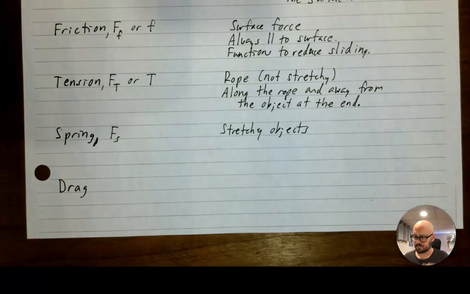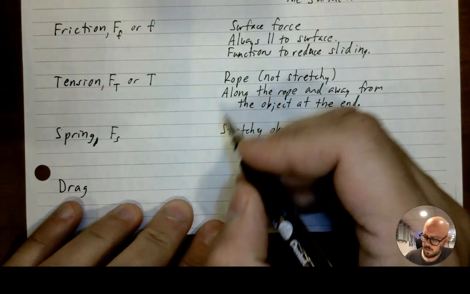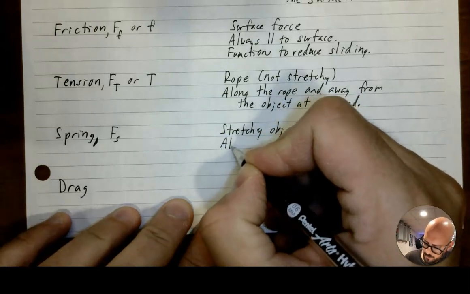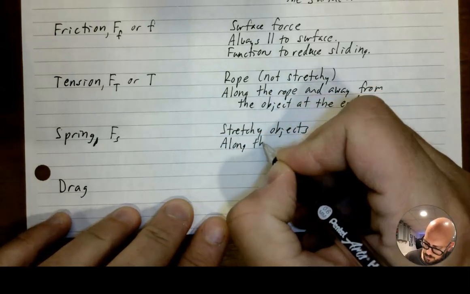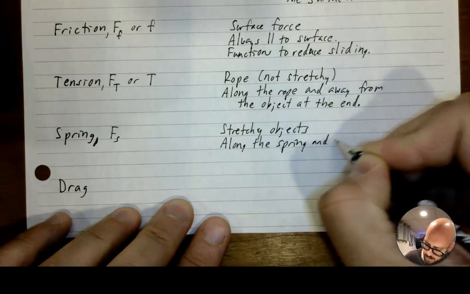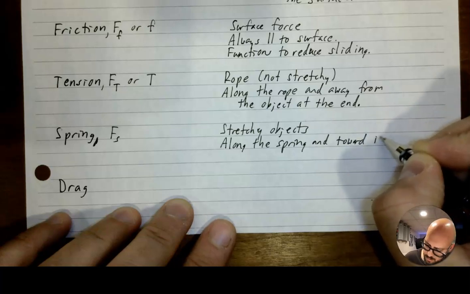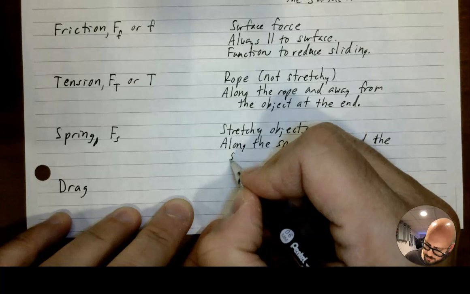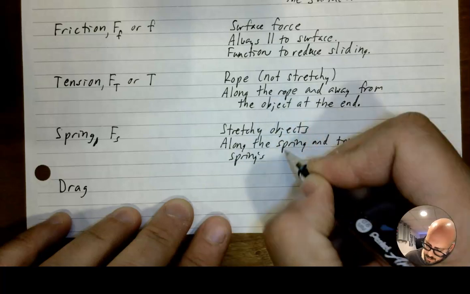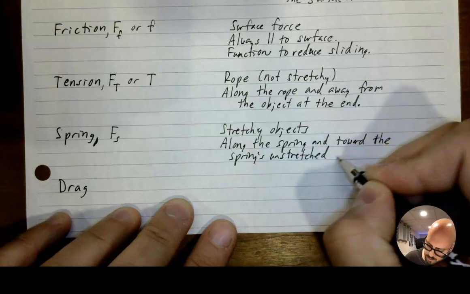When you stretch an object, you stretch the bonds, and so they will pull back on themselves. The rule for spring force is always along the spring, and this time it's toward the spring's unstretched position.